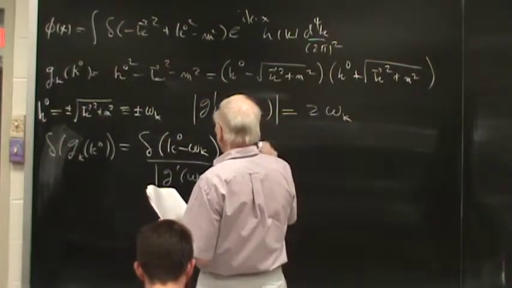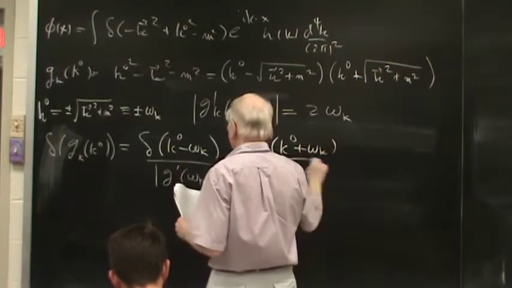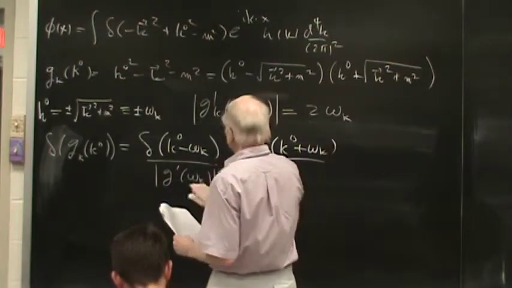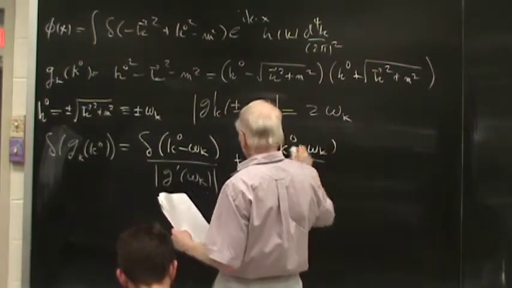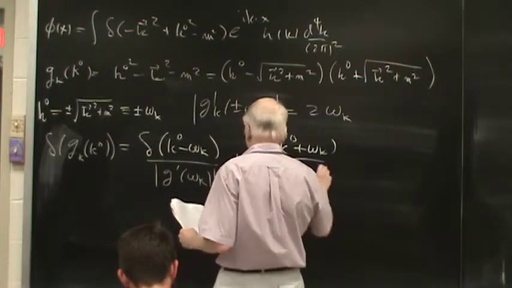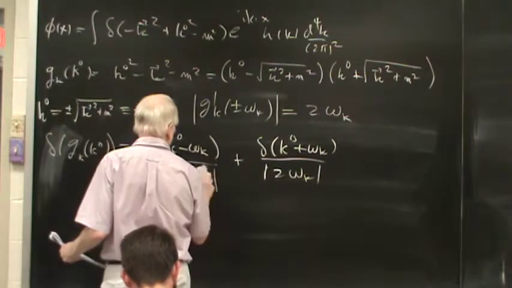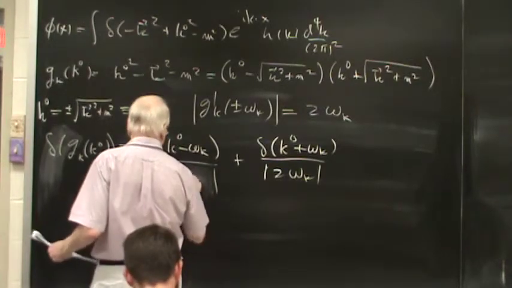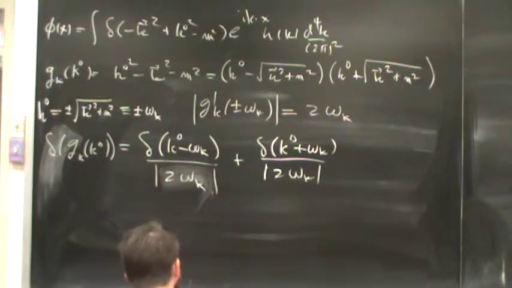And since it's absolute value, it's the same. So this is absolute value of 2 omega k, and this one is also absolute value of 2 omega k. So that's how we interpret the delta function. That's an example of delta functions of more complicated arguments.